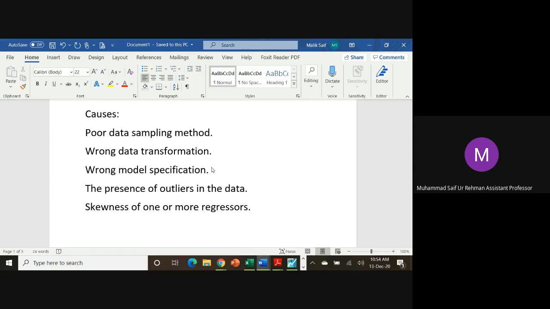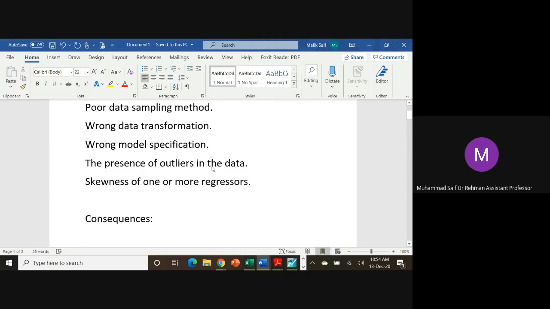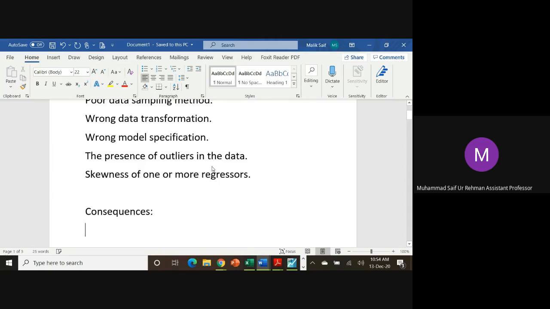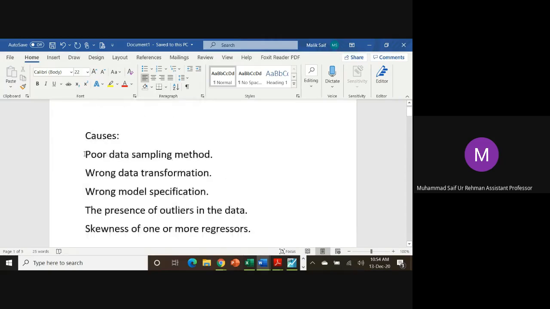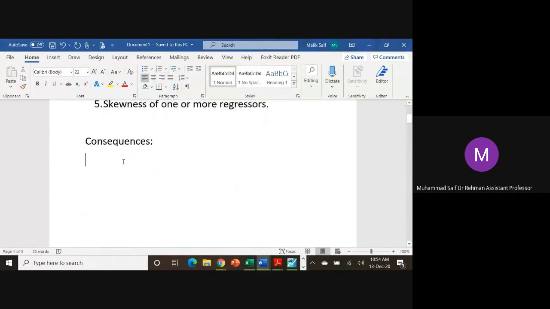Okay. So then there come the consequences. So what are the consequences? Let me give the bullets to these. In consequences, what happens in the OLS estimated?